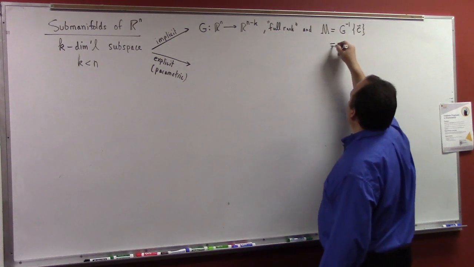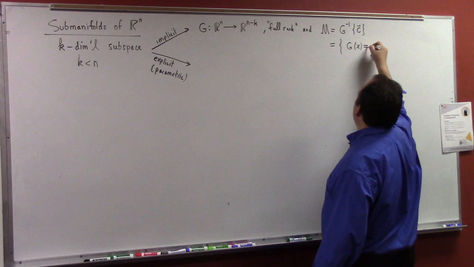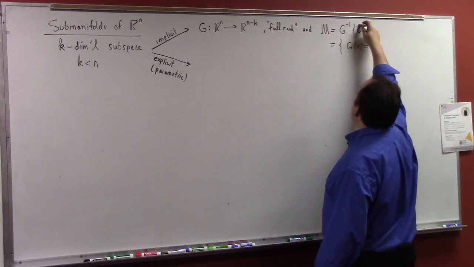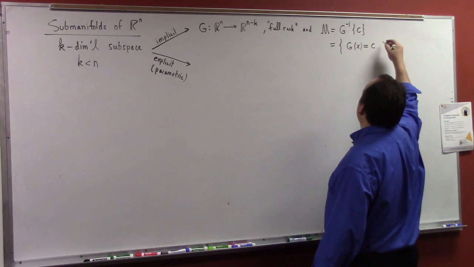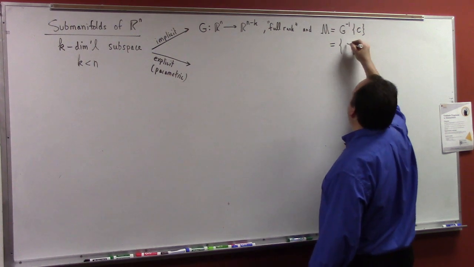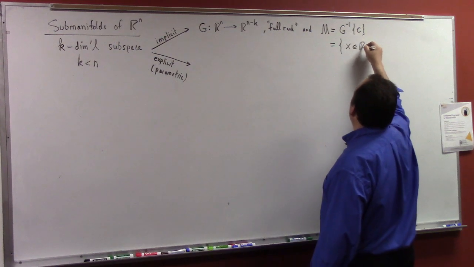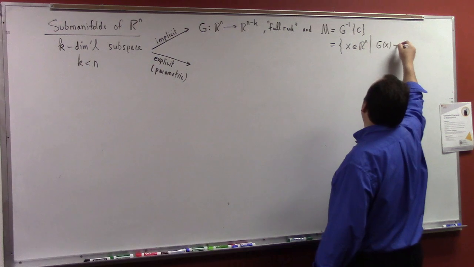In other words, you're looking at g of x equals that constant. Let me just write it properly: x in Rn such that g of x equals the constant.